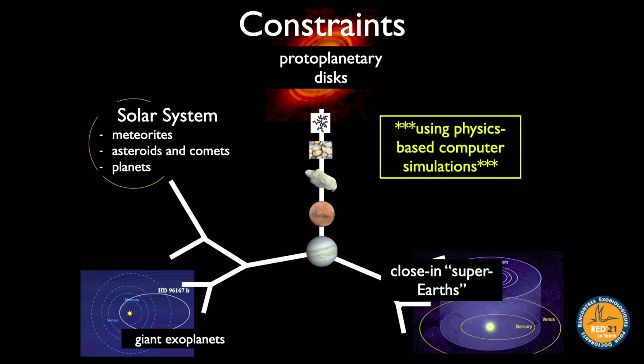And of course, this also connects to the constraints. And so the constraints that we can measure are things related to protoplanetary disks, things related to the solar system, to exoplanet populations, and a lot of different things. And one key tool that we'll be using is computer simulations, because we would love to actually watch planets form in action.